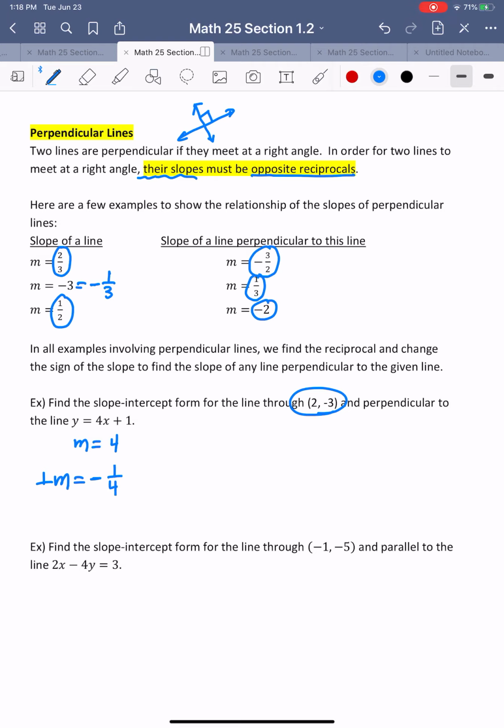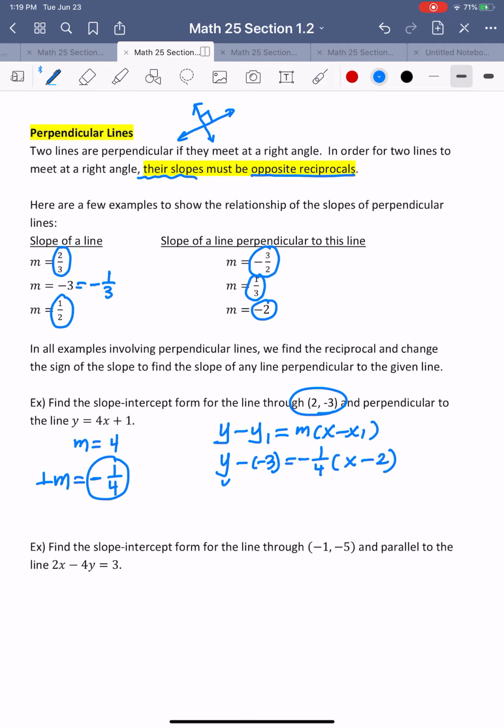So this is actually the slope: -1/4. With that, x sub 1, y sub 1. So point-slope form: m times x minus x sub 1. So y minus -3 equals -1/4 of x minus 2.